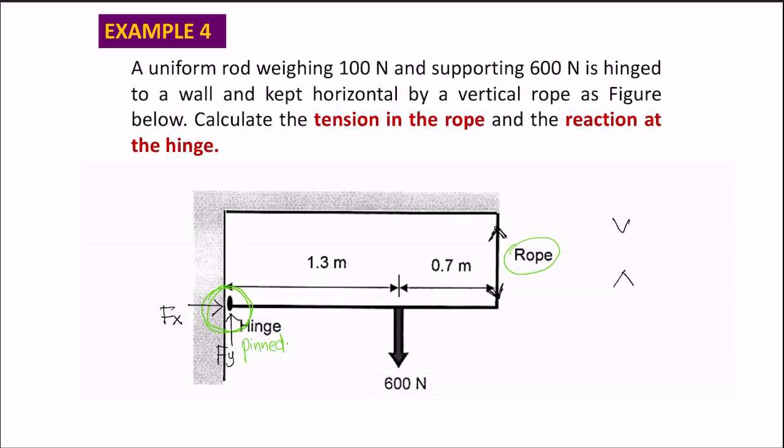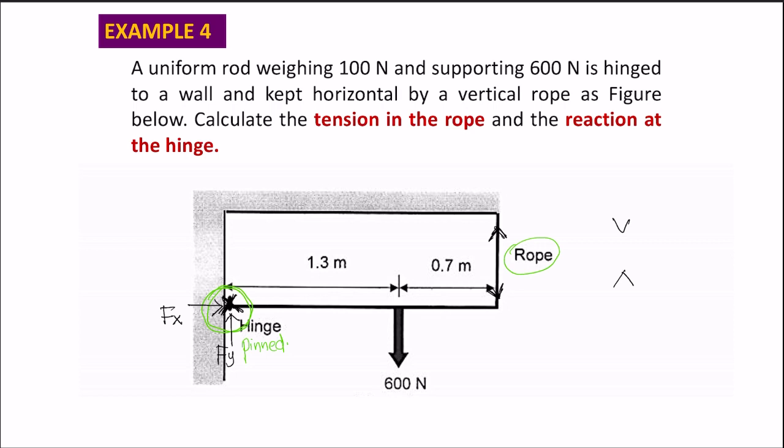Okay. So, where are we going to take our moment? Usually when we have this kind of question, dia tak ada pun cakap in equilibrium and what not. But it's just that kita nak dapatkan the reaction and also what happened to the rope. So, kita akan gunakan moment equation. Kita akan take moment dekat hinge sini. Okay, why?